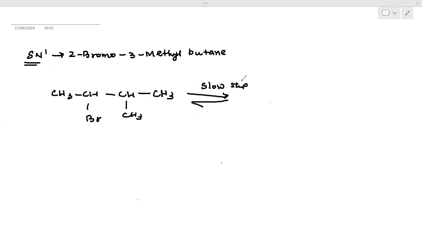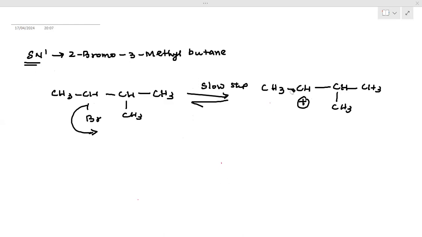Slow step, only the formation of carbocation. So bromine is replaced from here, and the carbocation is formed as CH plus, then CH, then CH3 and CH3. This is how it will be present.